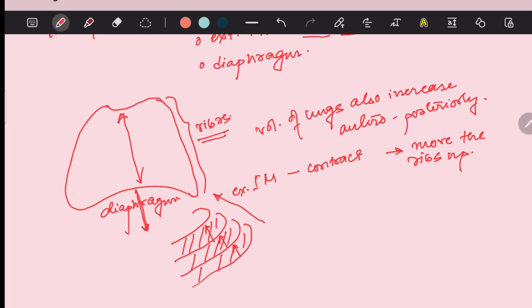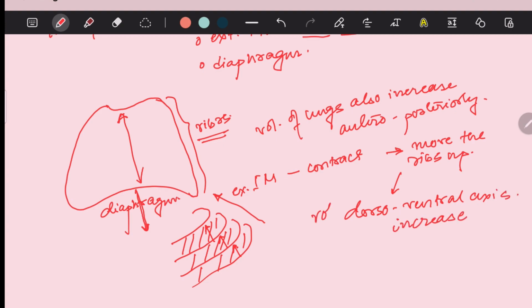As a result, the dorsoventral axis, that is from the front side to the back side, this volume of the lungs increases. When the external intercostal muscles contract, the ribs move up and the dorsoventral axis increases.